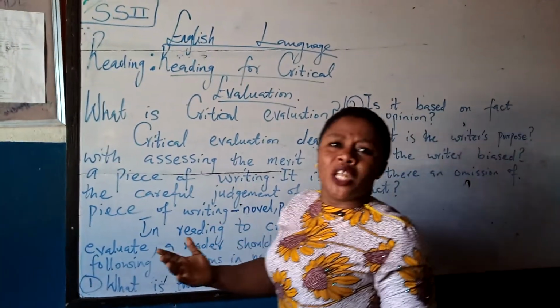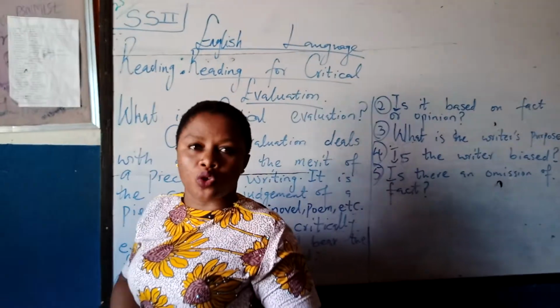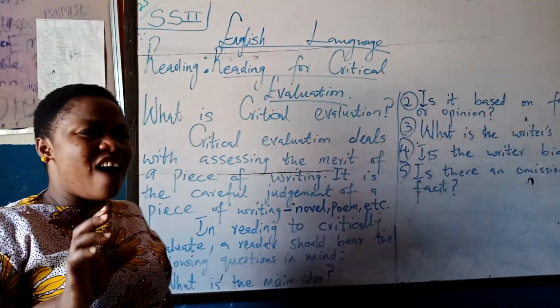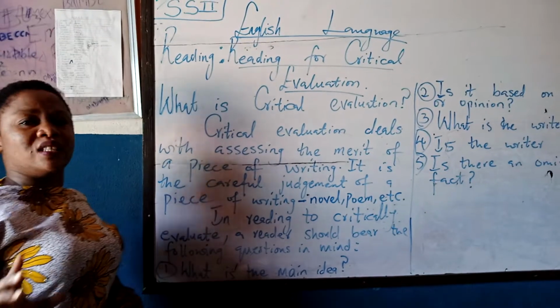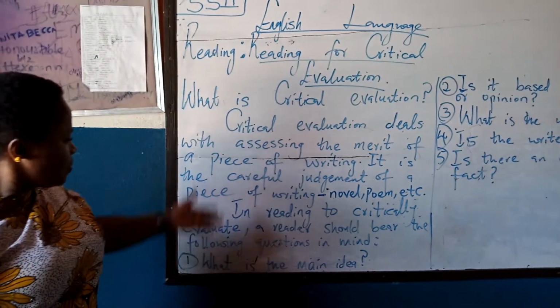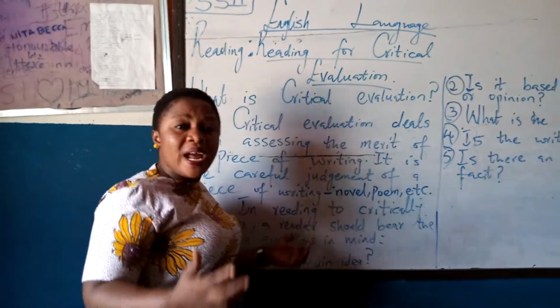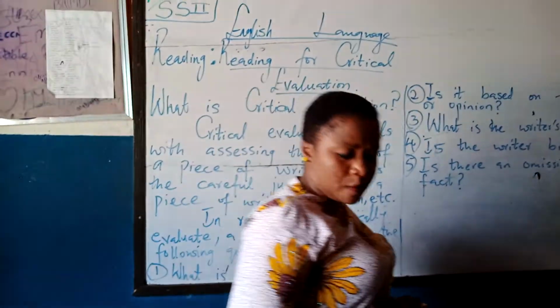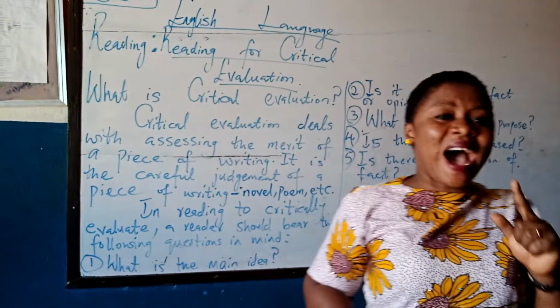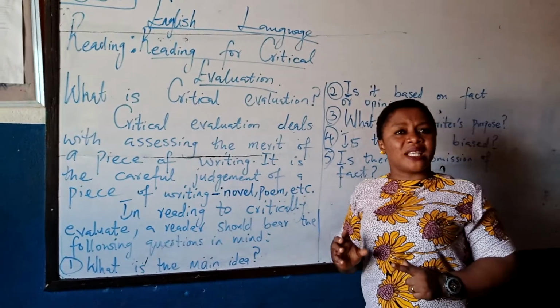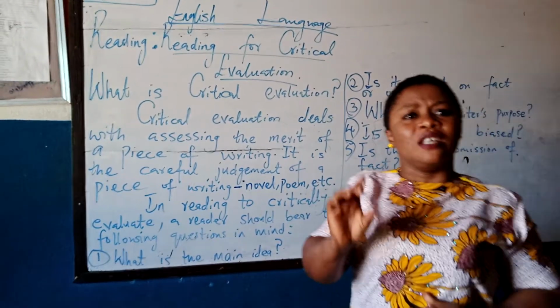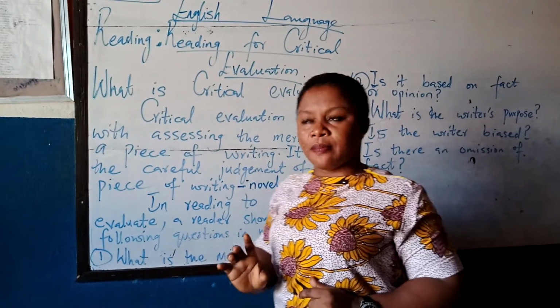It is not just about reading a text to pick a fault, but it deals with having to consider one or two questions, such as: what is the writer's main idea of the writing? A writer must have at least a central message at heart to pass across to each reader.